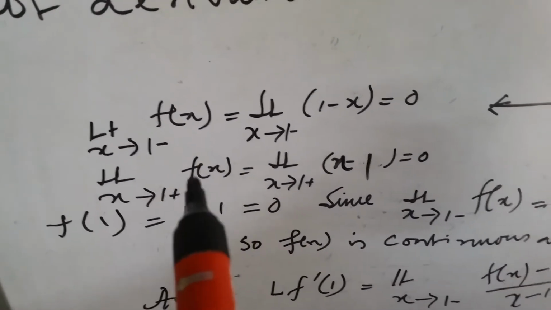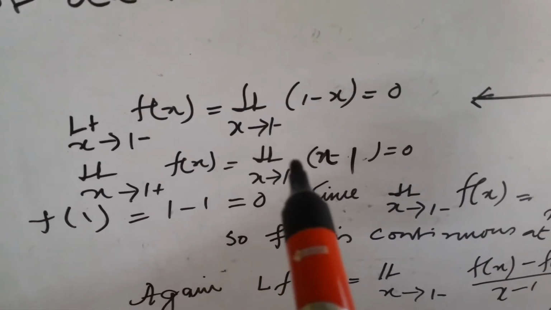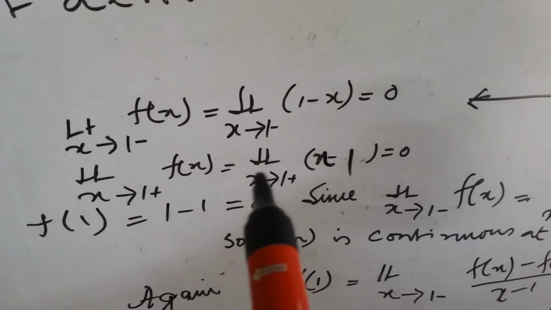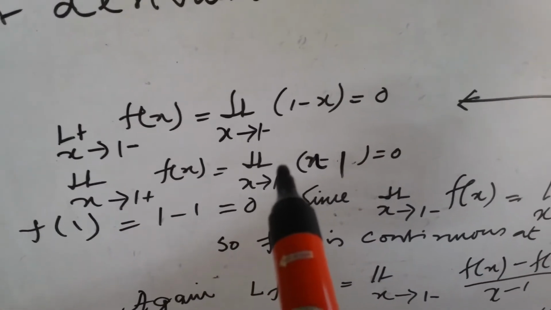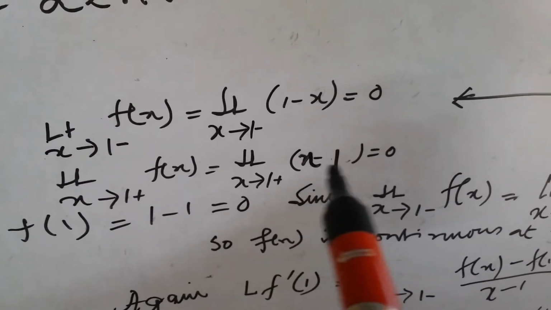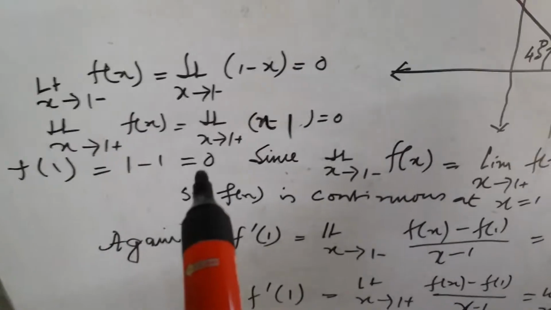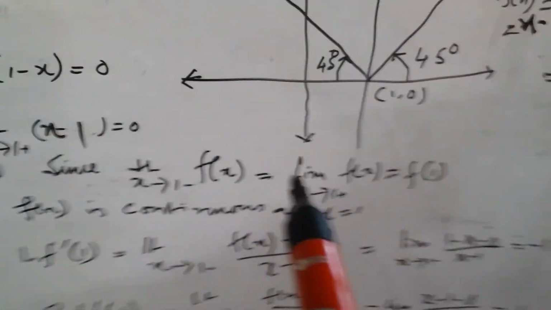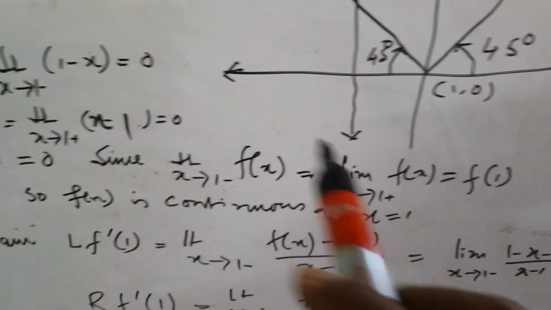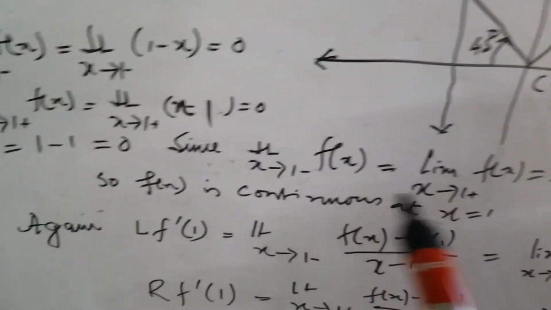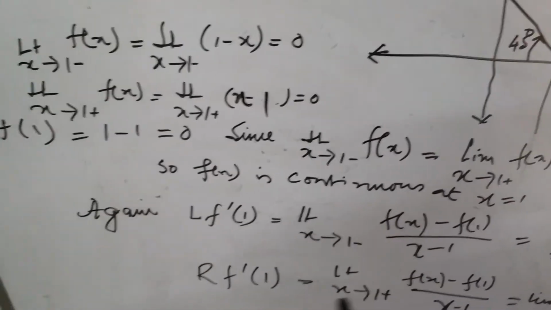And for the right hand limit, x tends to 1 plus, so here putting 1 we get 0, and f(1) is equal to 1 minus 1, which is 0. So the left hand limit is equal to the right hand limit is equal to 0, and that's why f(x) is continuous at x equal to 1.